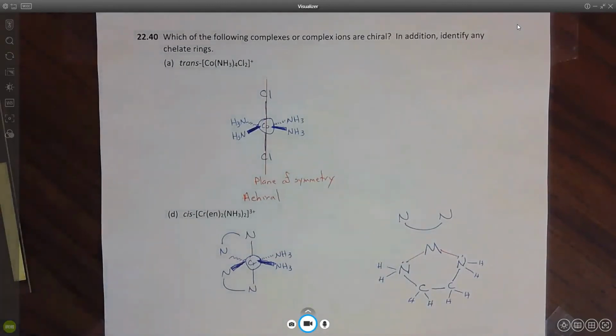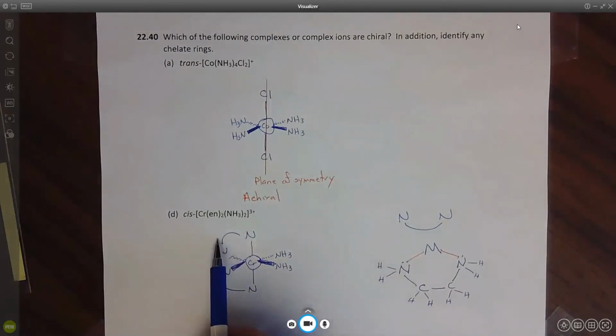Now, in this case, we want to know, is it chiral or achiral? So the question is, is there a plane of symmetry? Well, we certainly can't cut it down this way, right? This side's definitely different than the other. You might think that we could cut it right along this axis right here. However, when we look at it, this side is the same as this side, but this one is coming out while this one is going back.